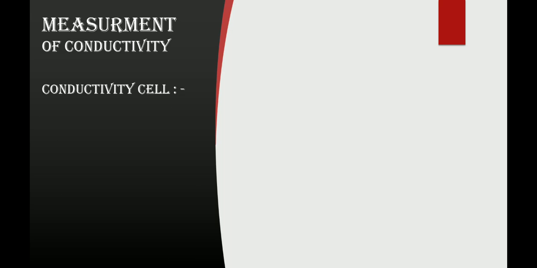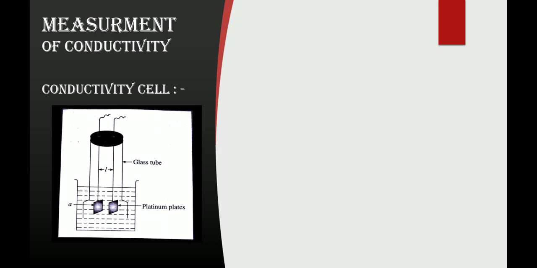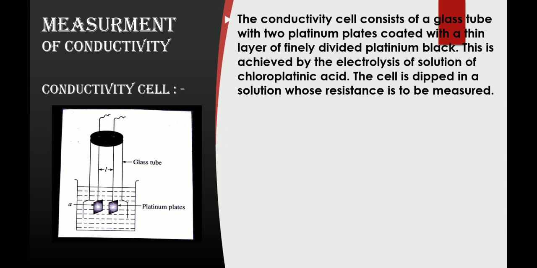Now, measurement of conductivity. This is the conductivity cell. The conductivity cell contains a glass tube with two platinum plates. The distance between the two electrodes is L, and the cross-section area of each platinum plate is A, and this cell can be dipped into solutions. The conductivity cell consists of a glass tube with two platinum plates coated with a thin layer of finely divided platinum black.